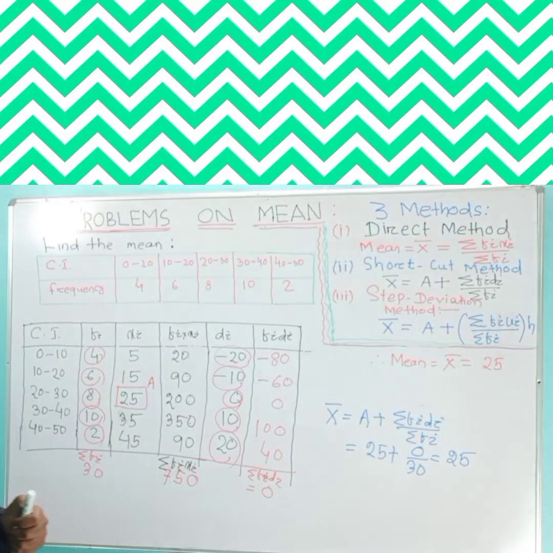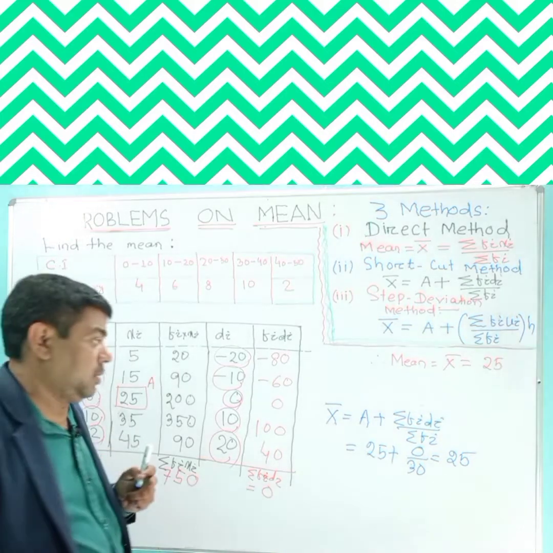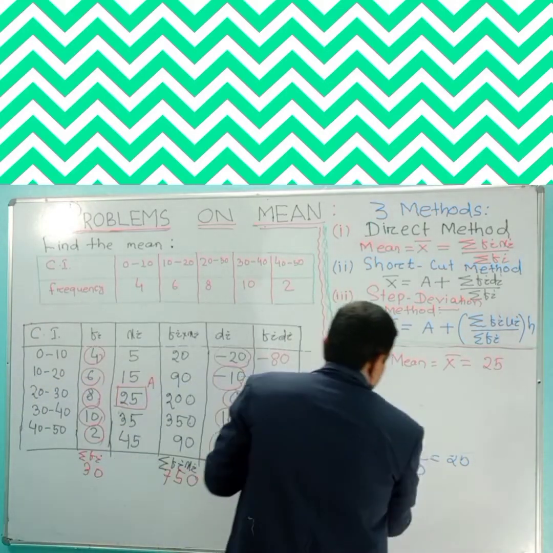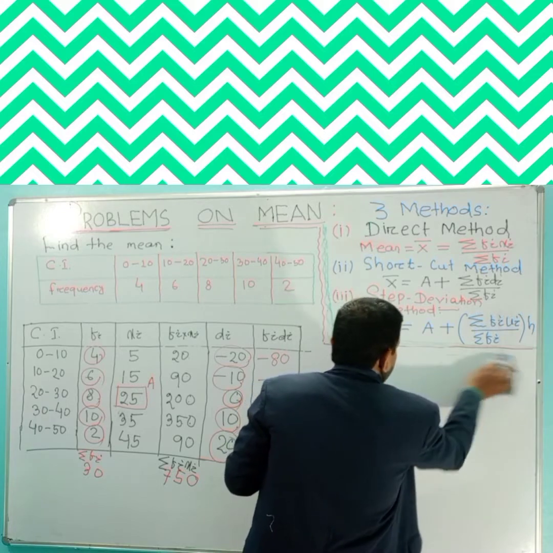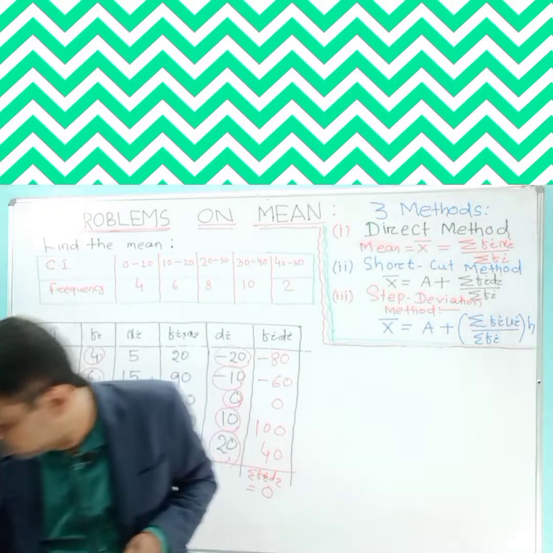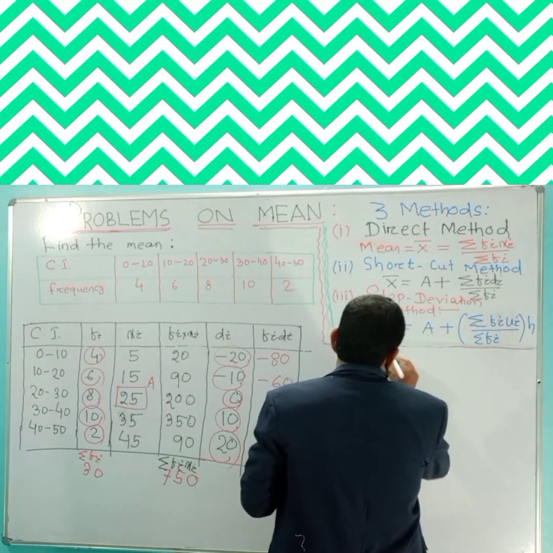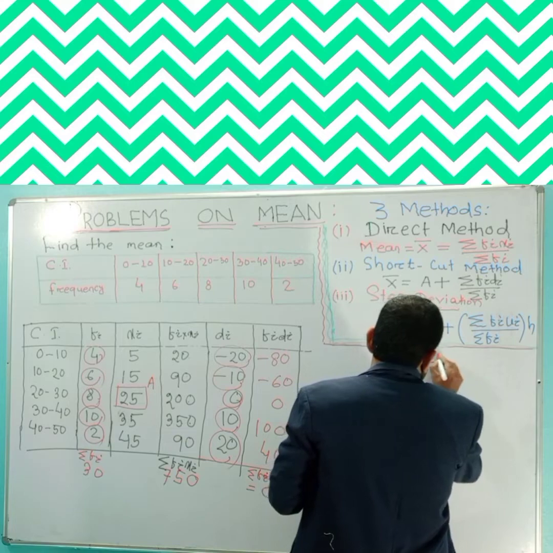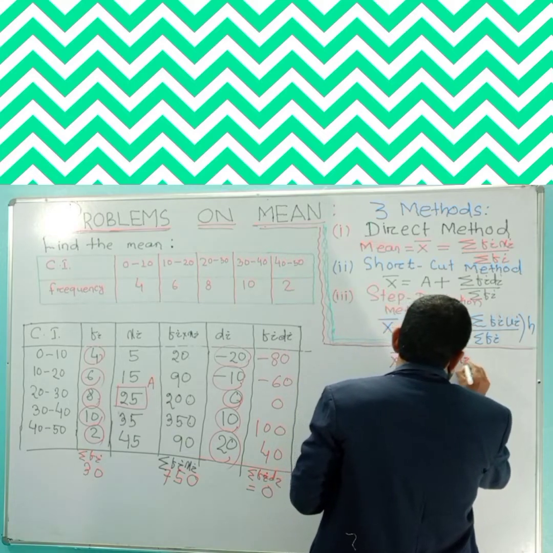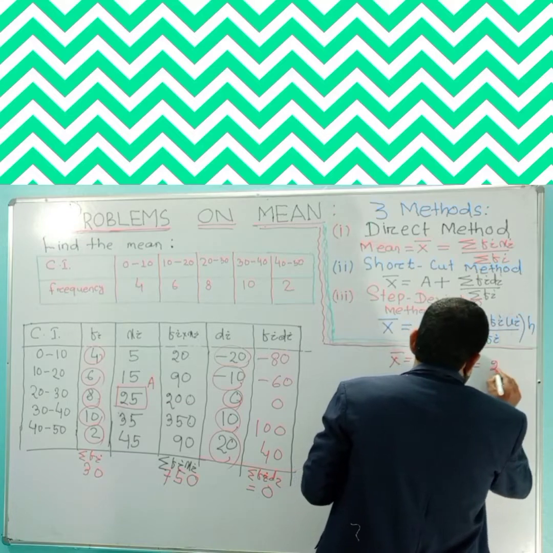Okay, note down here. After the second method, the last method is the step deviation method. In the direct method you got x bar equal to summation of fi xi by summation of fi, which is 25.